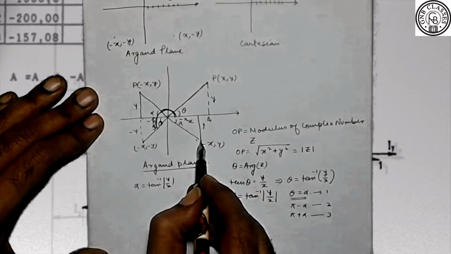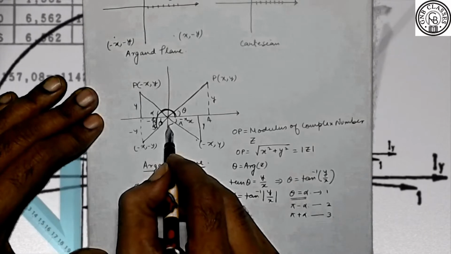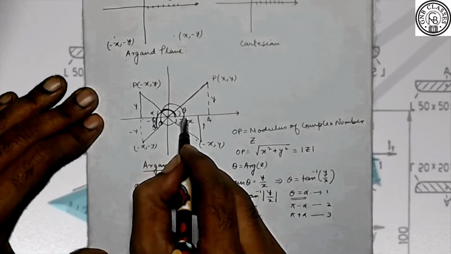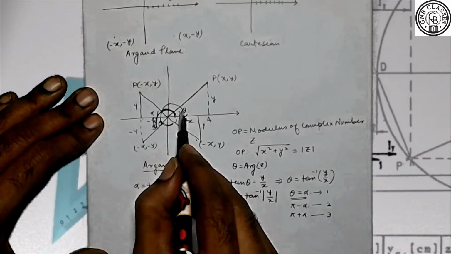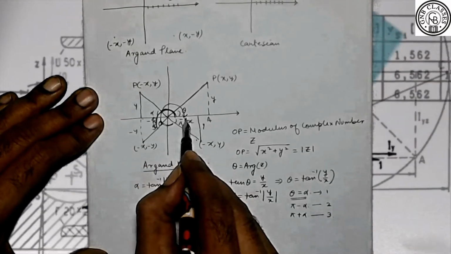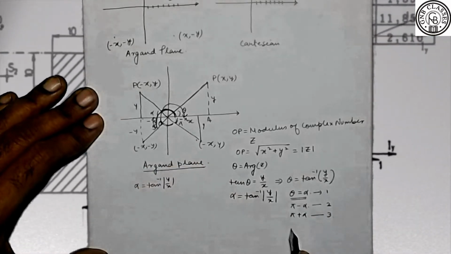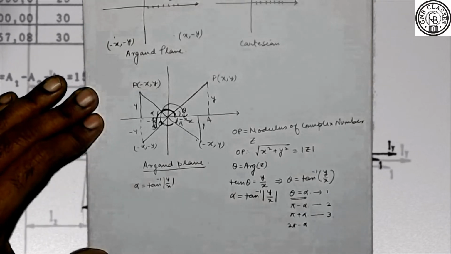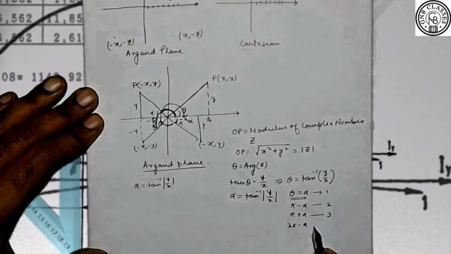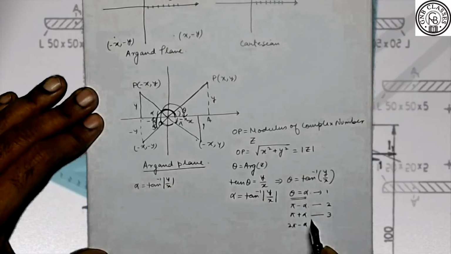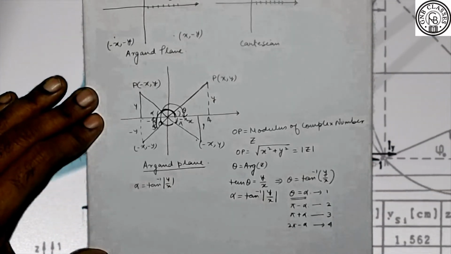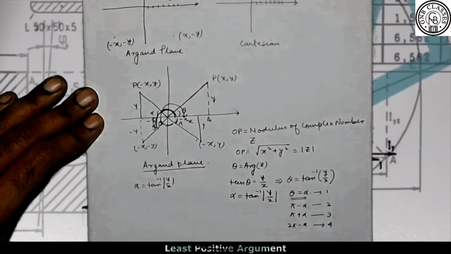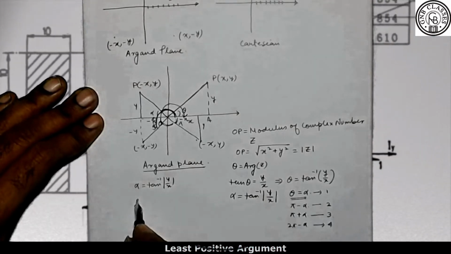And the argument of this point is this whole angle. Now how to calculate this angle? It is nothing but 2 pi minus this angle, that is 2 pi minus alpha. Therefore, the argument of the complex number which is in the fourth quadrant is nothing but 2 pi minus alpha. This argument is what is called your least positive argument.